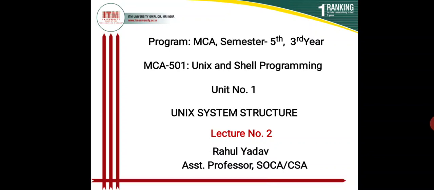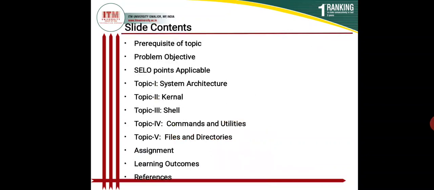Now we will move to the next slide. These are the topics that we are going to discuss in today's lecture. The first one is the prerequisite for the topic. The next one is the objective. After that we will discuss the effective learning.